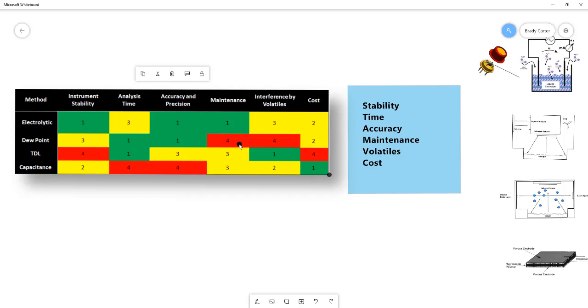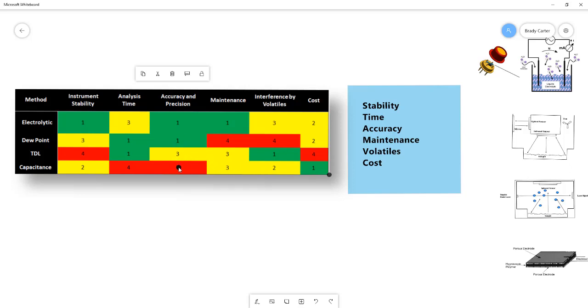The TDL has its highest ranking in terms of analysis time and volatiles because it is the one method that is not interfered with by any volatiles, but it gets lower rankings on stability due to being impacted by pressure, as well as being quite expensive. And then finally, the capacitance has high rankings in terms of low cost. It's very low cost, has fairly low maintenance, and is not as sensitive to volatiles.